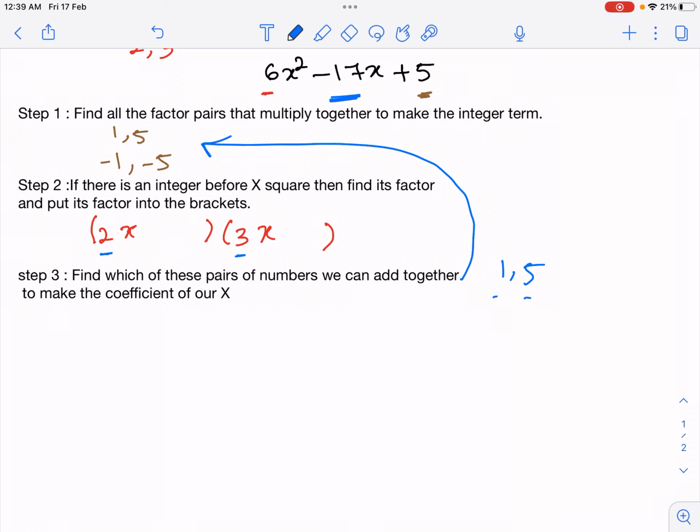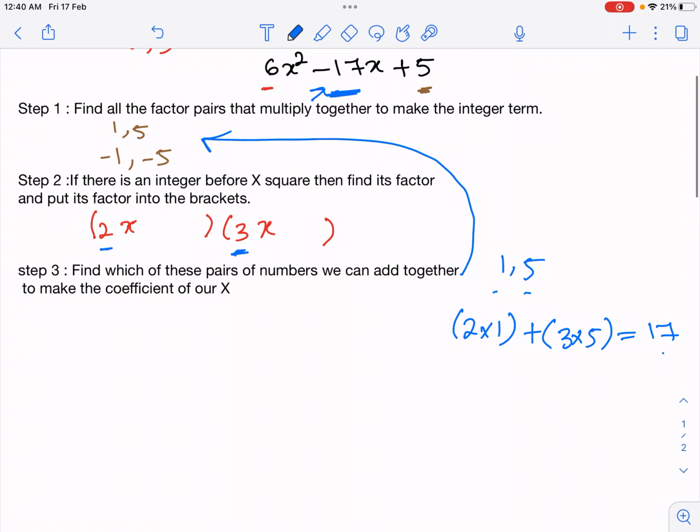So it will be 2 multiplied by 1, since the first bracket was multiplied by 2, plus the second bracket we multiplied x by 3, so 5 we multiply by 3. 2 times 1 is 2, plus 3 times 5 is 15. So the total is 17. Here we got 17, but our target is minus 17. So these two numbers are not valid.